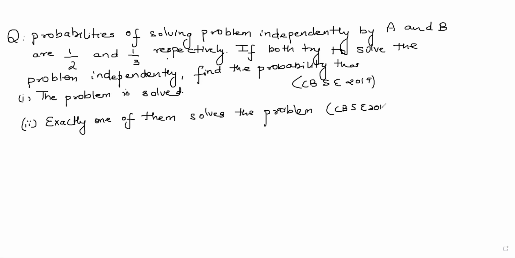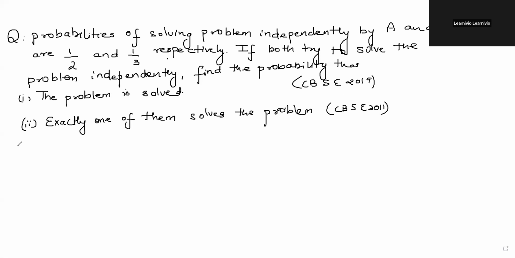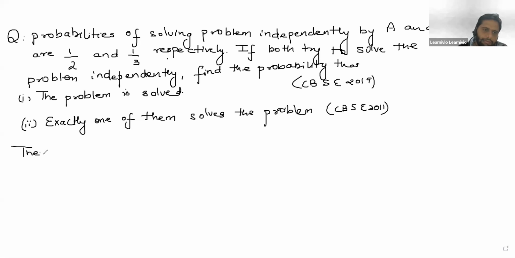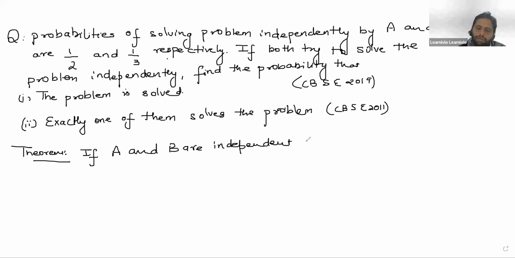Okay, let me tell you one theorem. Just give me a minute. The theorem is: if A and B are independent events, then A naught and B naught are also independent.